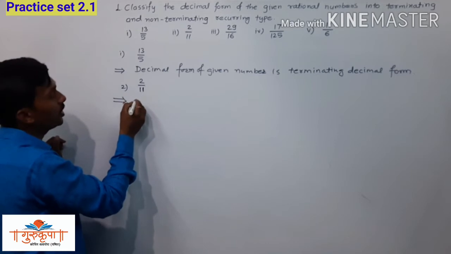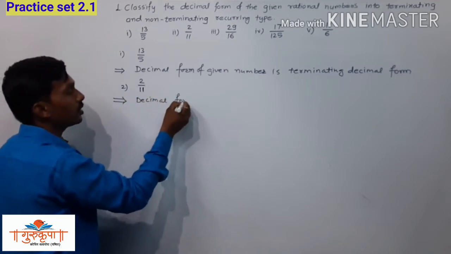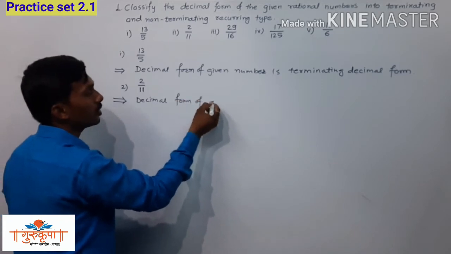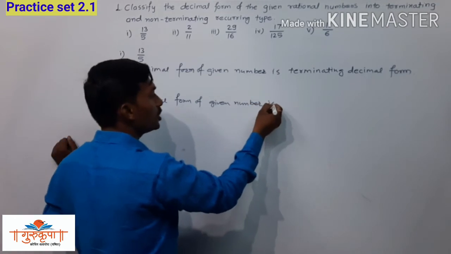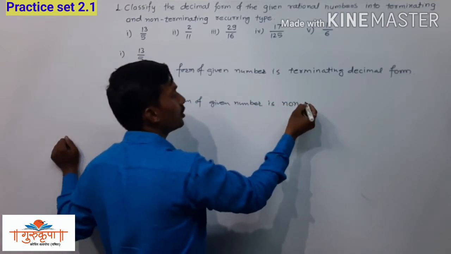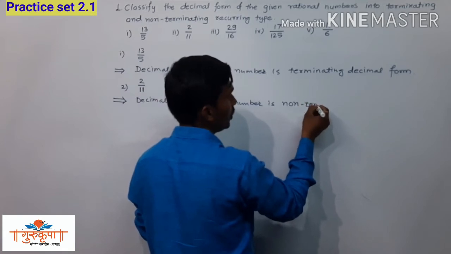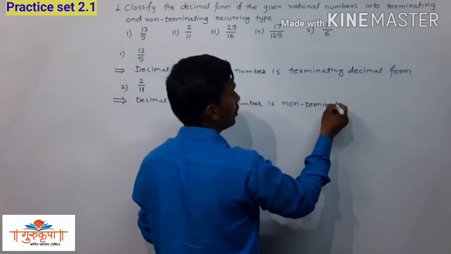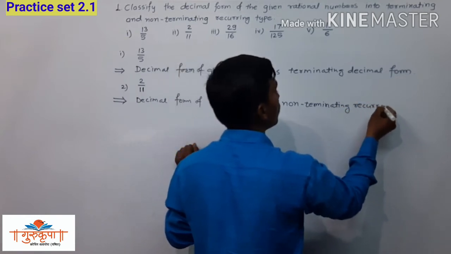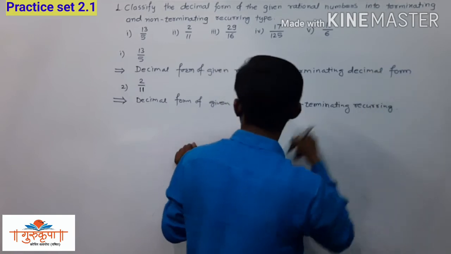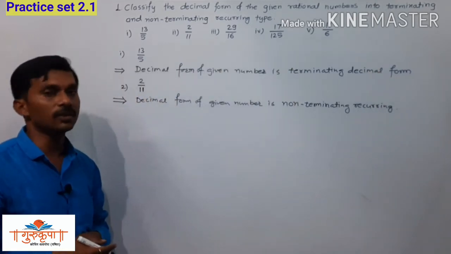So here we can write decimal form of given number is non-terminating recurring decimal form.